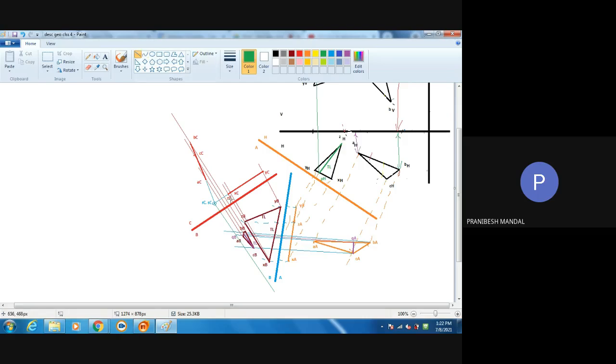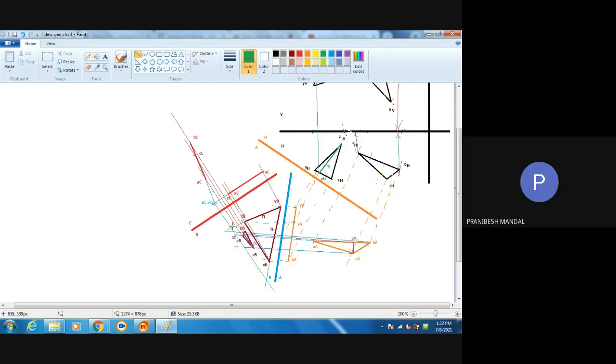Obviously, I need to extend the XYZ plane a bit in order to get this particular intersecting line. And I can do it. Yes or no? Yes sir.